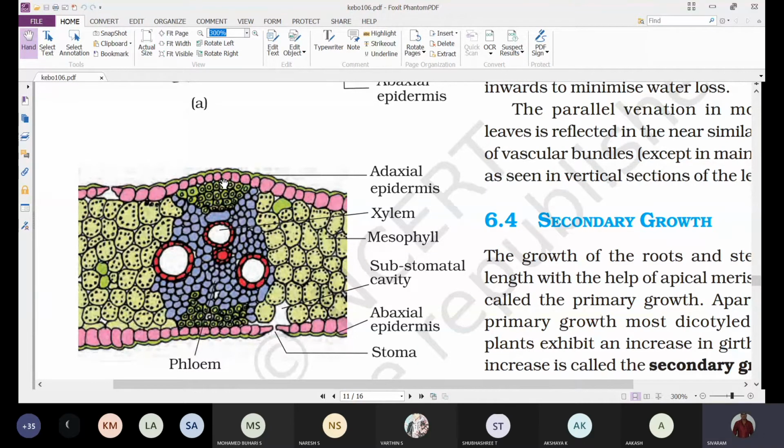And next, towards the upper epidermis, we find some specialized cells which form big bulliform cells, which help in rolling and unrolling of certain monocotyledonous plants like grasses, to reduce the water loss. And the vascular bundles are usually of similar size because of the presence of parallel venation.